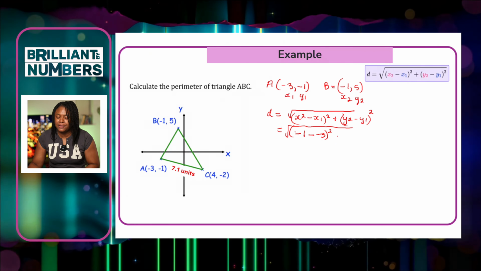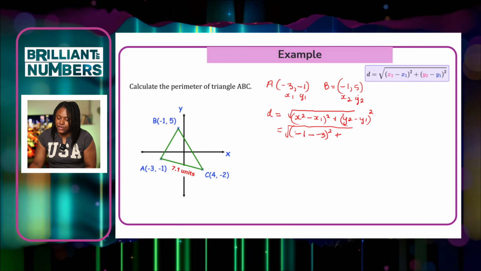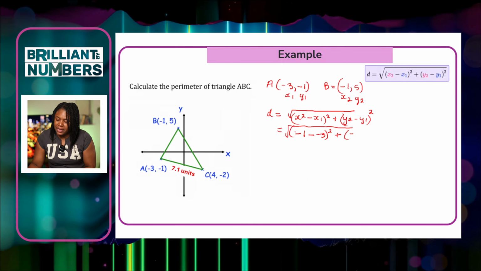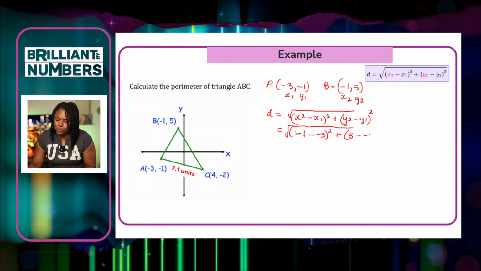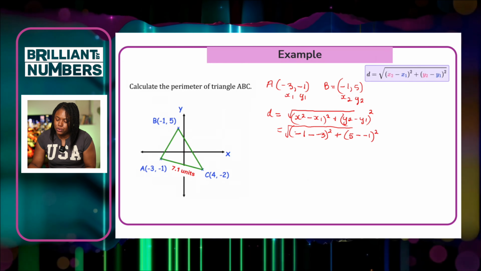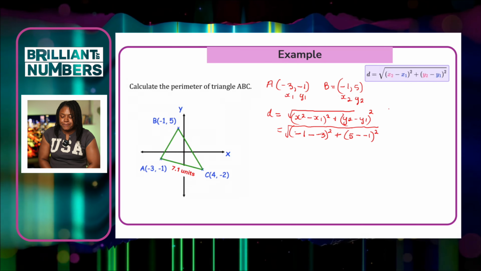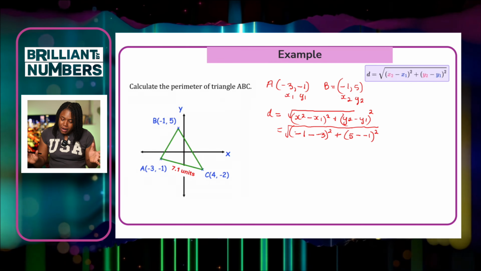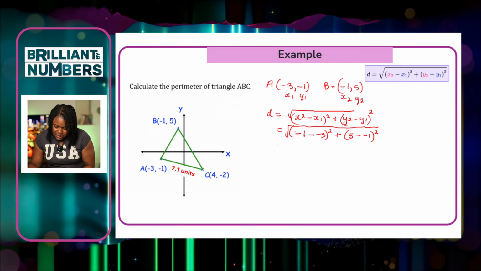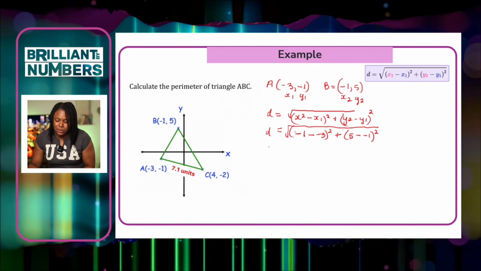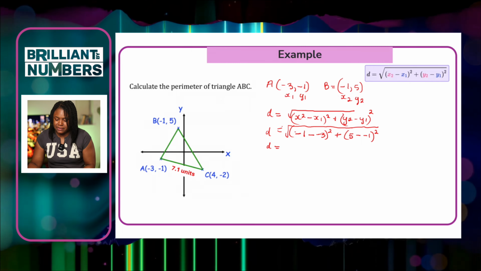Must take note of that. Plus y2 is given to be positive 5, take away y1, which is minus 1. Again, make sure you put those two minus signs there. Now it's time to calculate, or we could just put this all in our calculator, but I'm taking the opportunity here just to remind you how to navigate adding negative numbers.